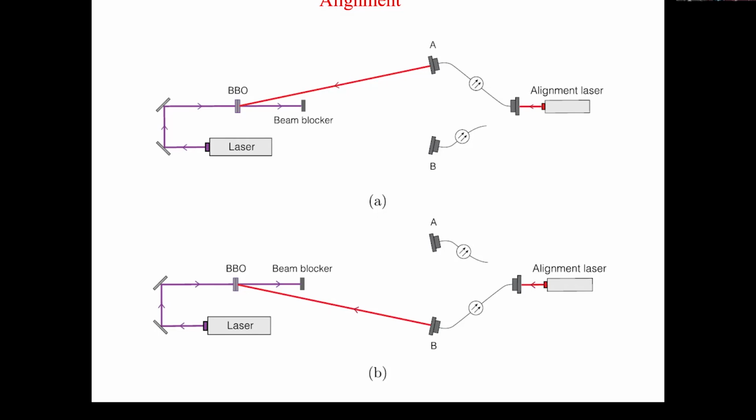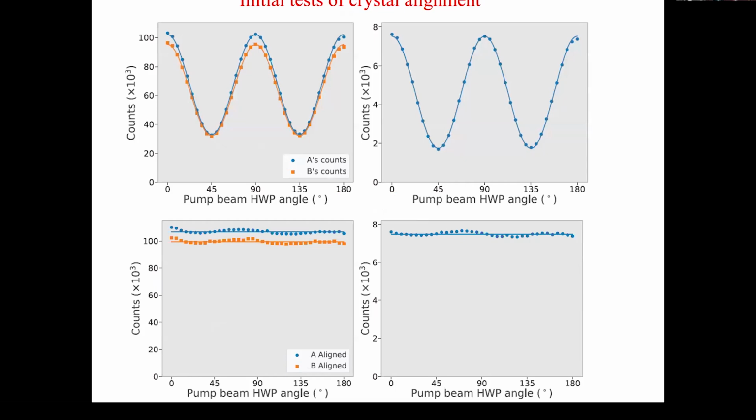Now, initially, how do you test alignment? If you vary the pump beam angle, no change in the counts should be seen. However, initially there is some modulation of the counts.